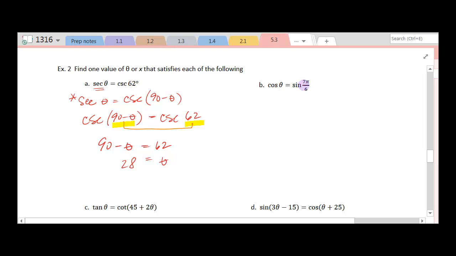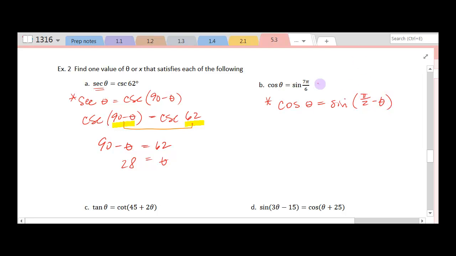Let's do the same thing, only in this example let's do it using radian measure. So cosine and sine are cofunctions of each other, and I already know the angle for the sine function, so I'm going to rewrite the left-hand side in terms of sine. In other words, the cosine of theta is equal to the sine of pi over 2 minus theta.